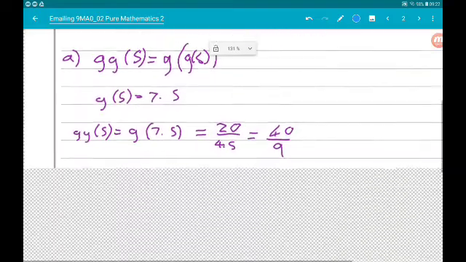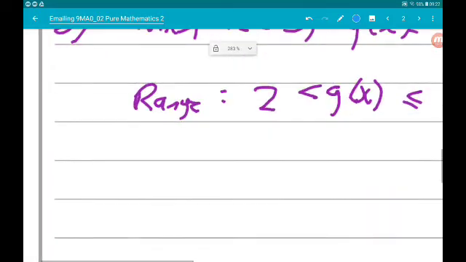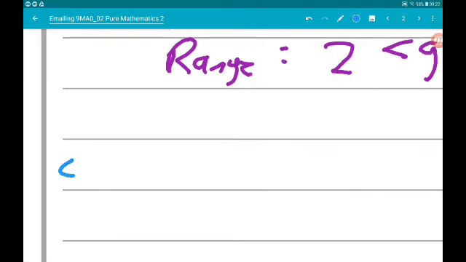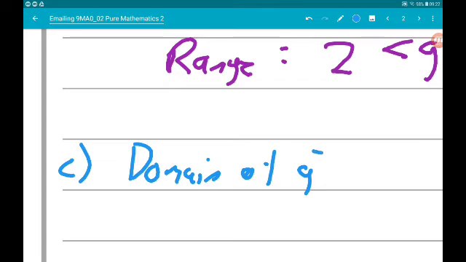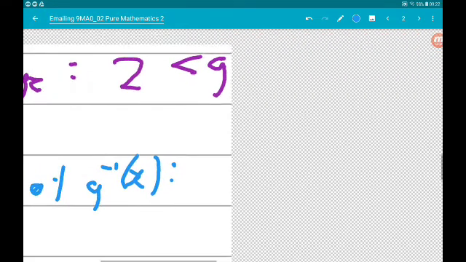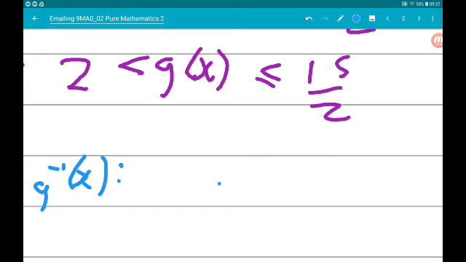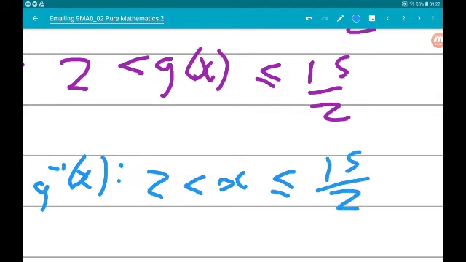So straight away we know the domain of g inverse is x is greater than 2 but less than or equal to 15 over 2.